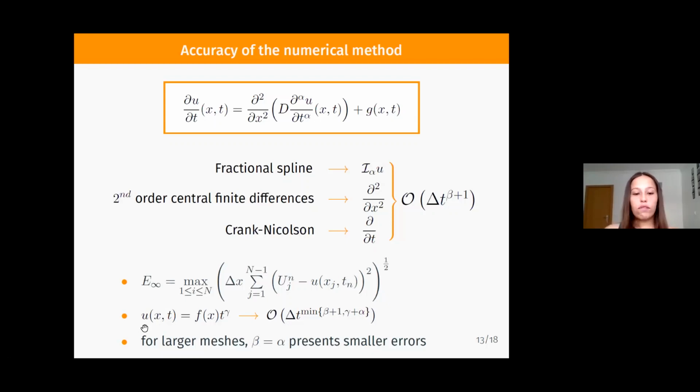For solutions of this type, like f(x) times t to the power of gamma, the result we got was the minimum of beta plus 1 and gamma plus alpha. And for solutions with less regularity, we concluded that for larger meshes, beta equal to alpha presented smaller errors.